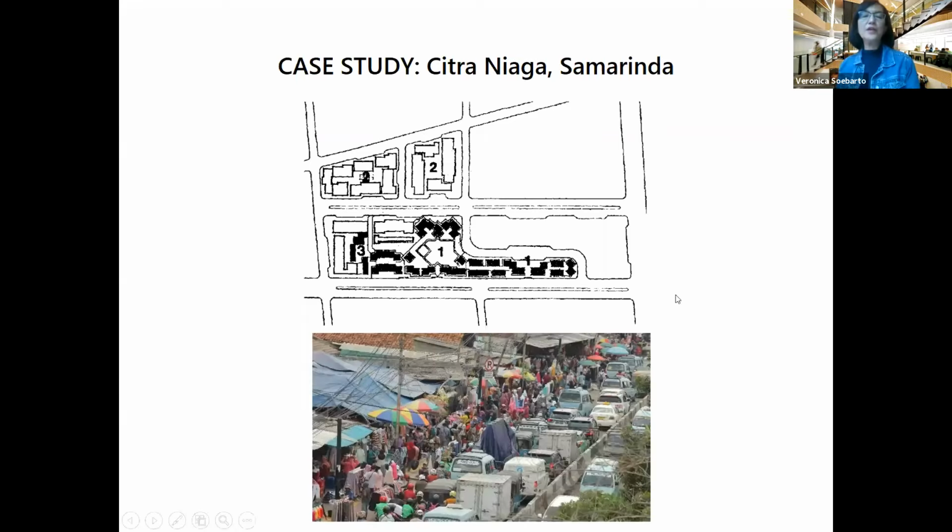The area used to be a swampy area, with a very dilapidated, kumuh kind of public market, and traffic jams everywhere. So the governor or mayor at the time challenged his son, Didi Swandi, I think that's his name, because his son had just come back from studying in the United States.